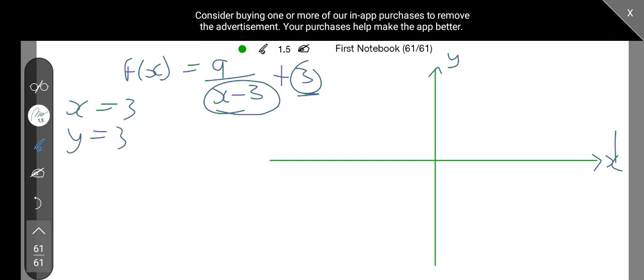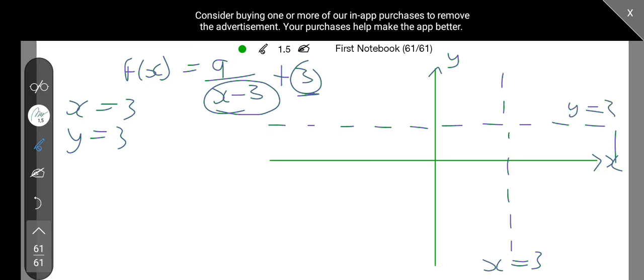So x is equal to 3 will be somewhere here, and we're going to show it using a broken line. This is the vertical asymptote, given as x is equal to 3, and here's the horizontal asymptote, denoted as y is equal to 3.